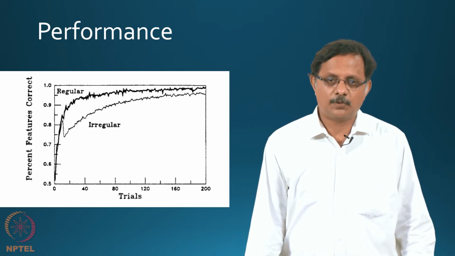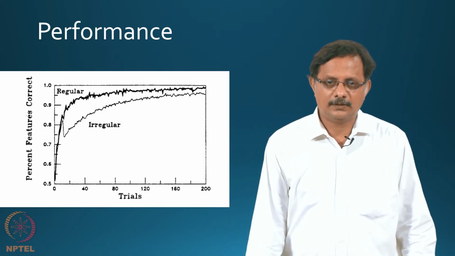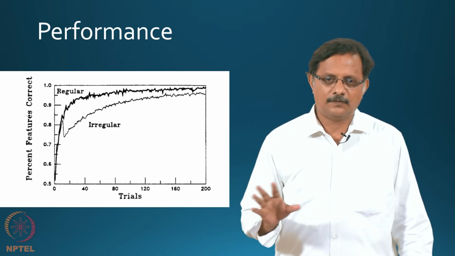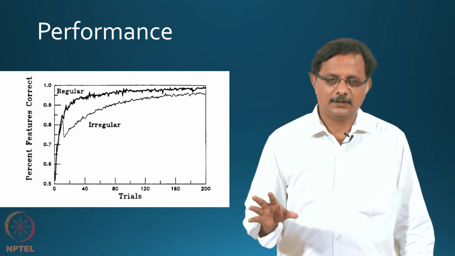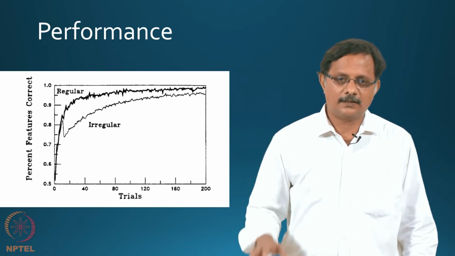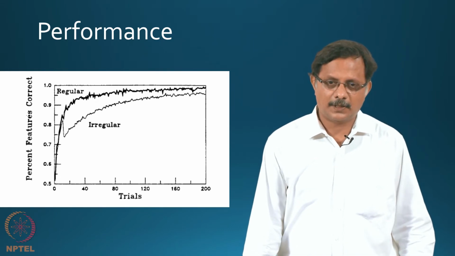But as training progressed up to 200 epochs, the performance on regular and irregular became almost similar. So, you see this general pattern of learning past tense displayed by the network, which is very similar to how children learn past tense and the kind of mistakes they make at various stages as they learn it.